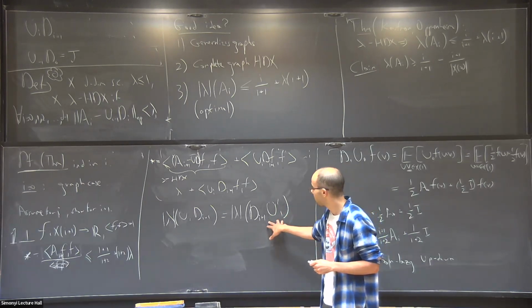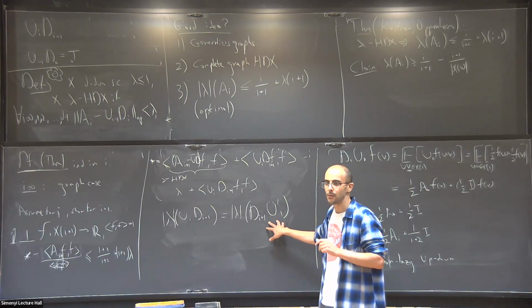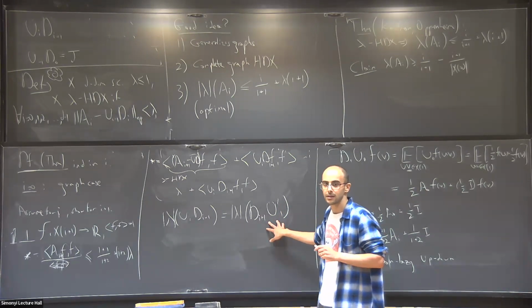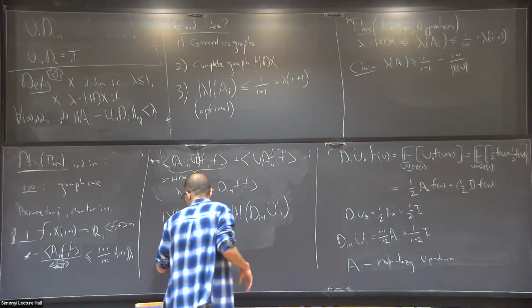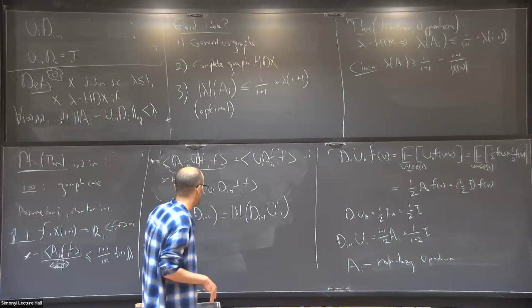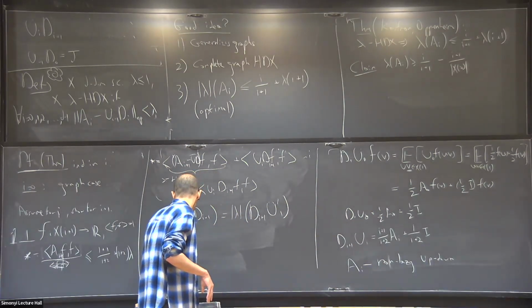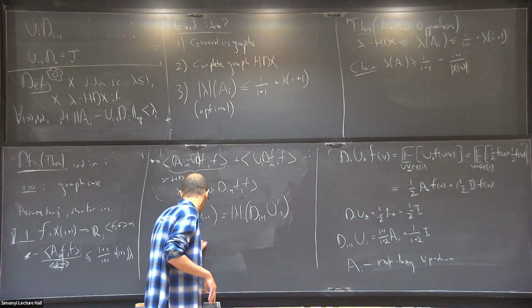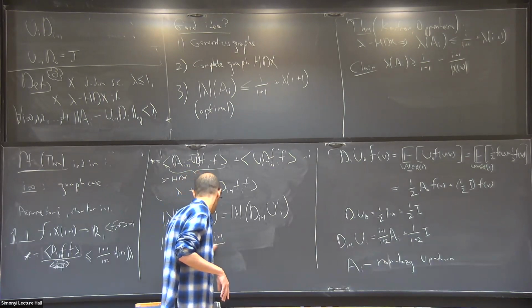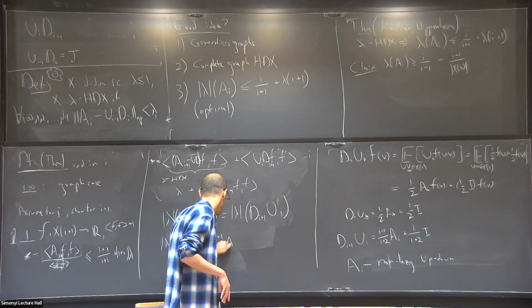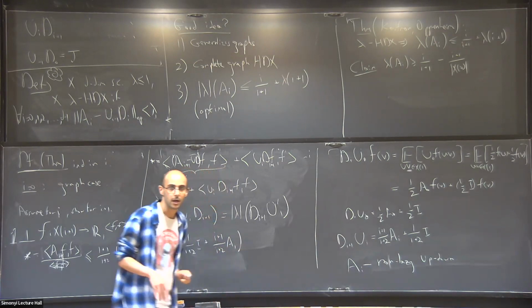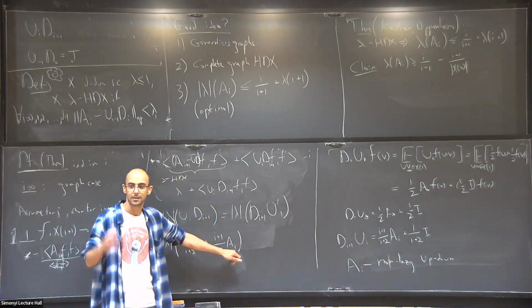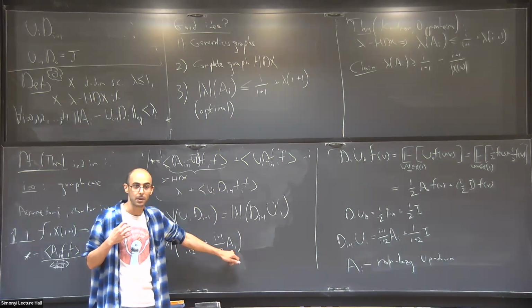But what is this now? An operator on one dimension less, right? This is lambda of (1 over i plus 2) identity plus (i plus 1 over i plus 2) of the operator that operates on one level below.